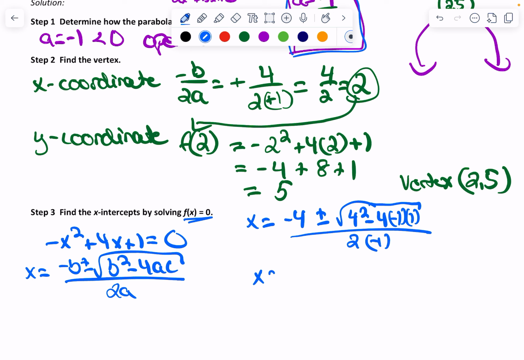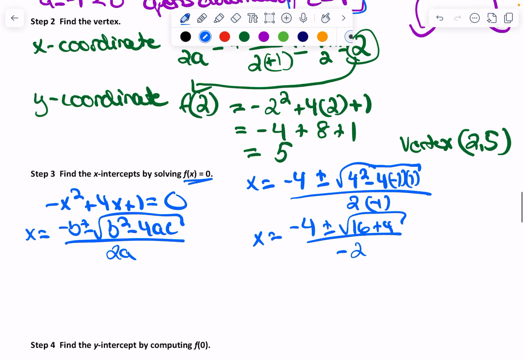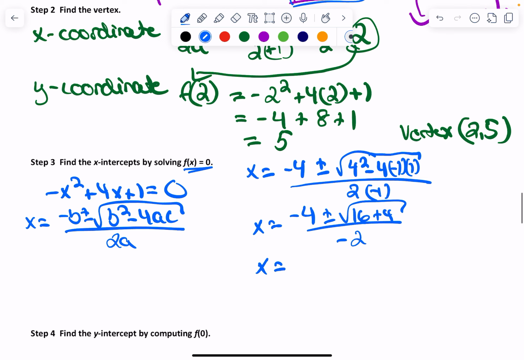Okay, so everything inside the square root: 4 squared is 16, and we get plus 4. Under, 2 times -1 is -2. So x equals -4 plus or minus the square root of 20 divided by -2.